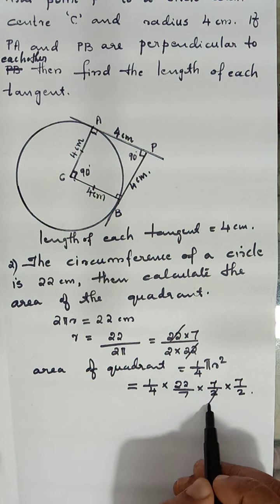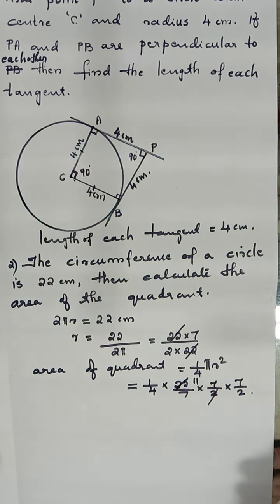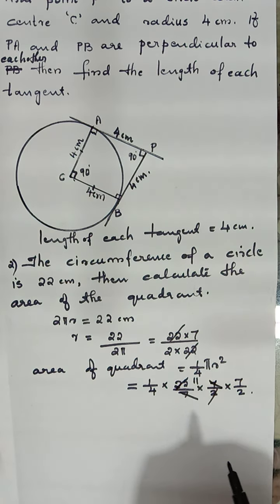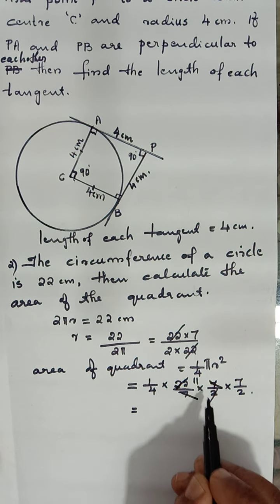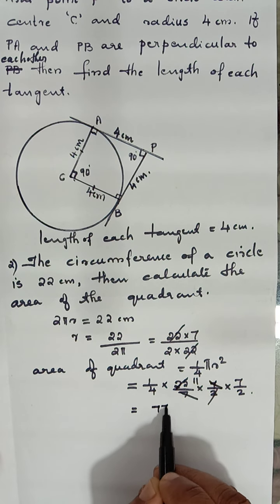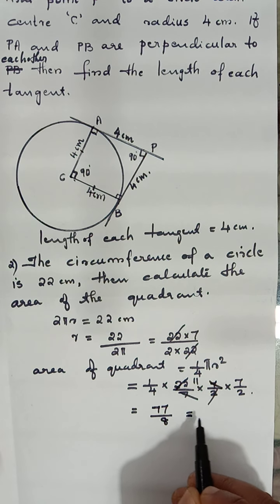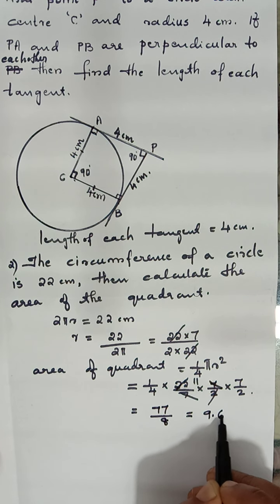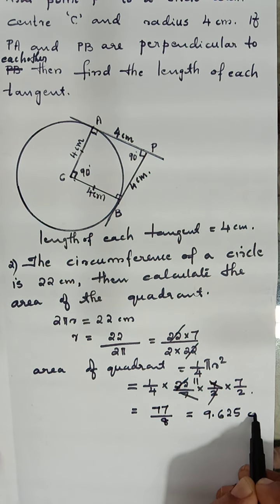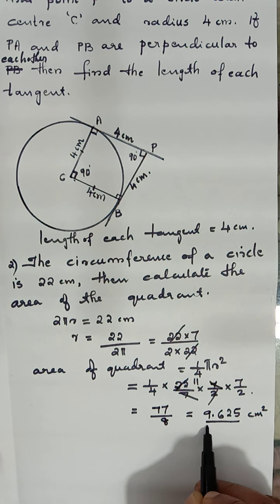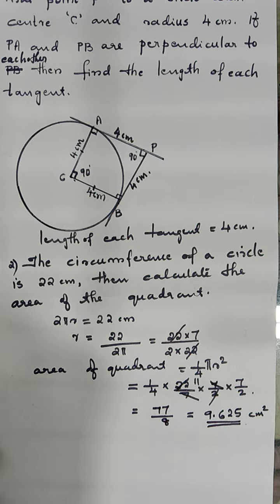We'll cancel 2 with this, we get 11. 7 with this. So now we are getting 77 by 4, 2s are 8. You divide it, children. You'll get the answer 9.625 cm square. Show the division, do it.